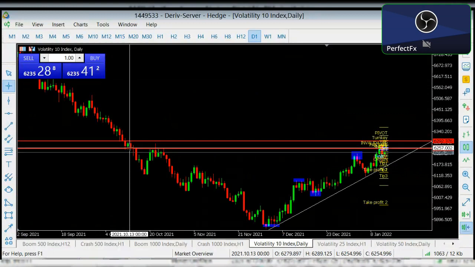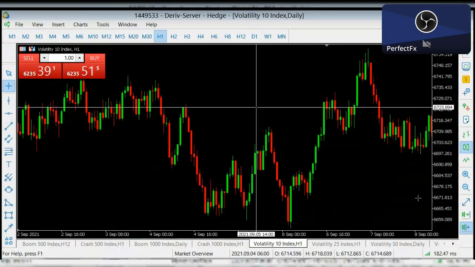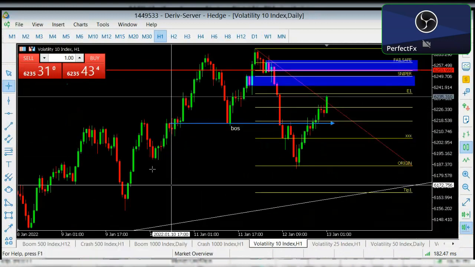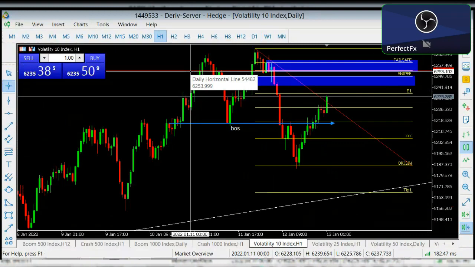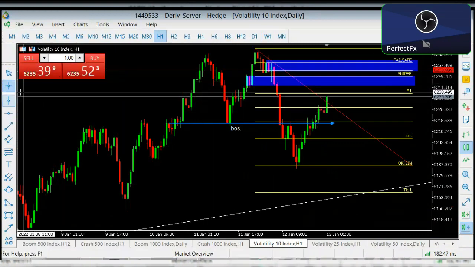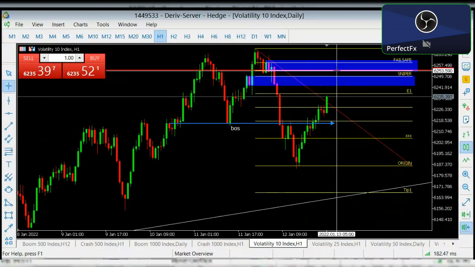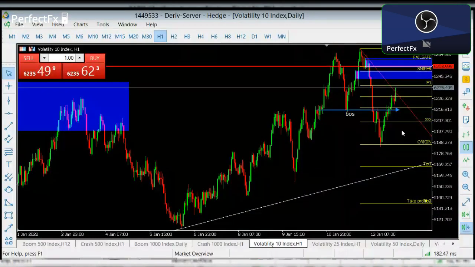You get to see that even at this region on the 1 hour time frame, it is lining up with that region, that is this red horizontal resistance line I drew. So guys, this place is a very interesting point of view for me to scale into the market, for me to short the market.